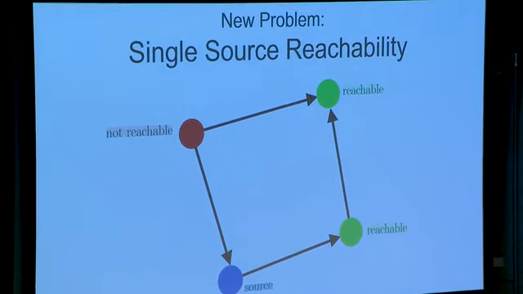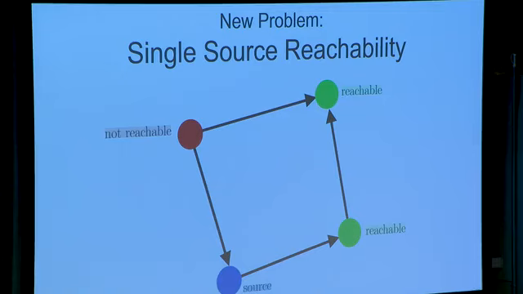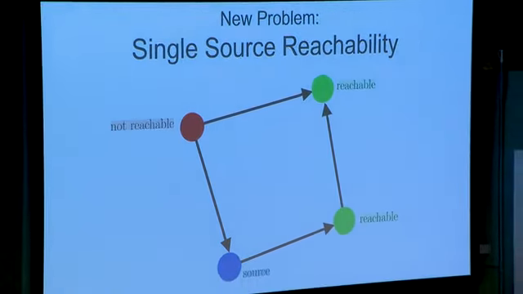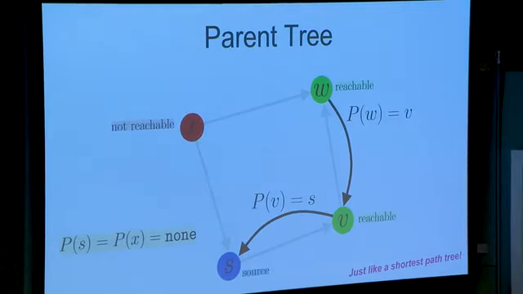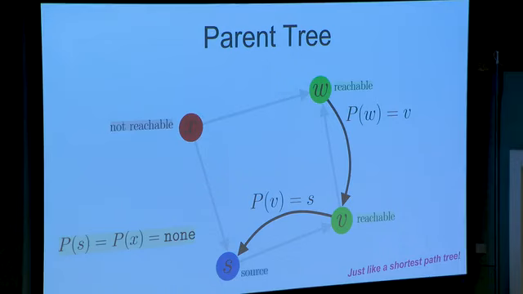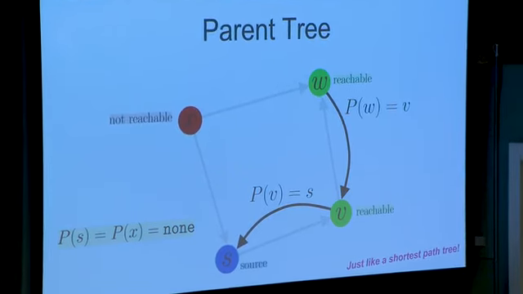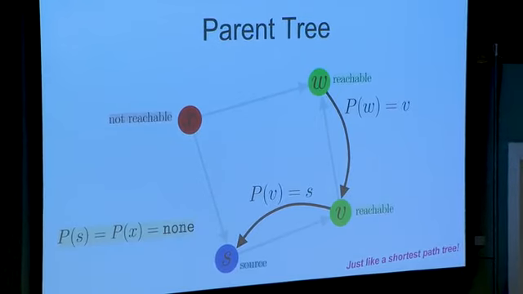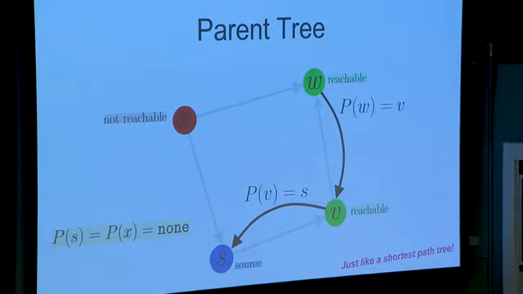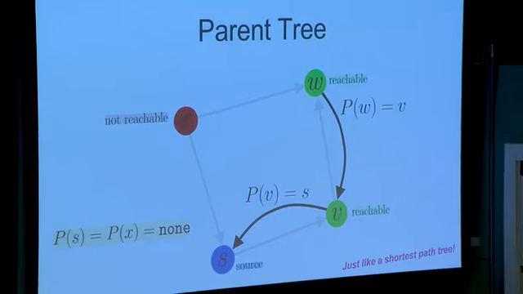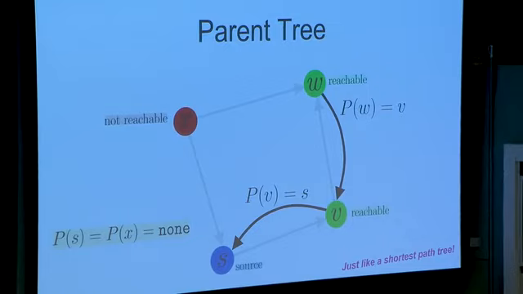So in order to do that, just like last time, remember we defined a particular data structure that was the shortest path tree. We can do something very similar here. If I have a reachability problem, I can additionally decorate every node in my graph with one other piece of information, which is the previous node along some path from my source to that thing.